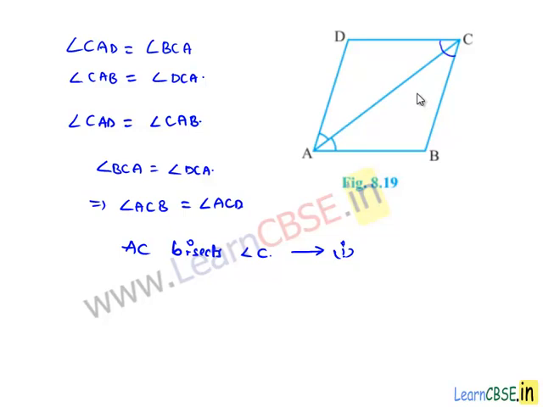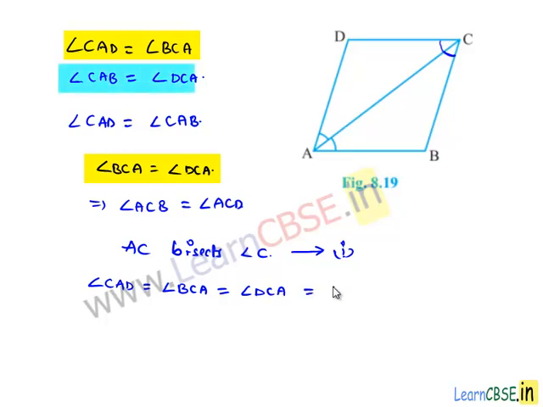And secondly, we came to know that angle ACB is equal to ACD and angle CAD is equal to CAB, and we can equate angle CAD is equal to angle BCA is equal to angle DCA is equal to angle CAB.